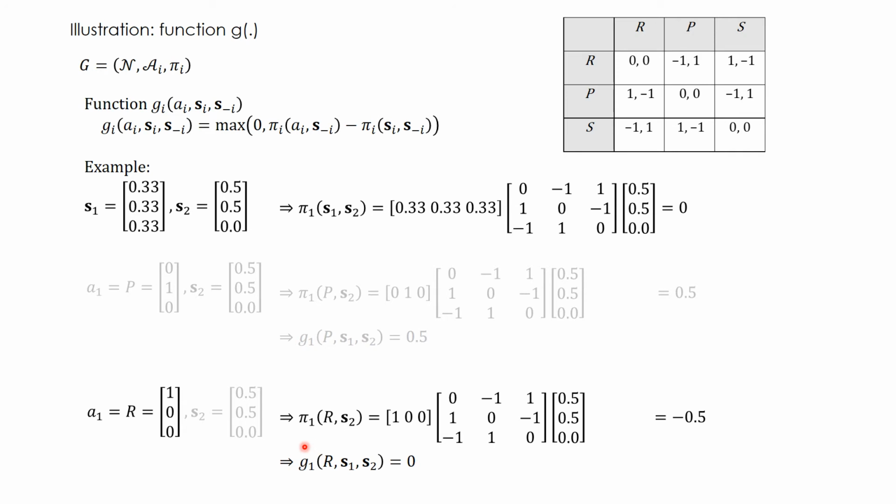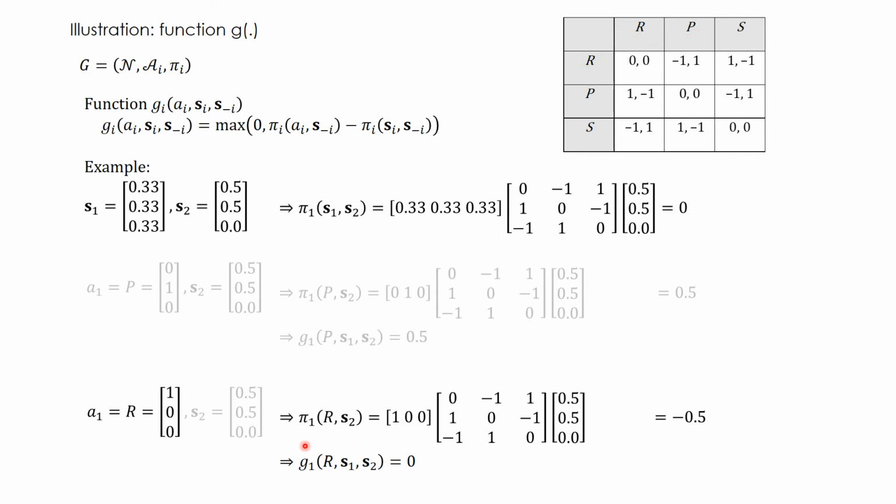Now, what's the payoff of agent 1 if he plays rock only? Common sense tells you that if the opponent is playing rock and paper, and you play rock, then it will lose half the time when the opponent plays paper, and it will be a tie half the time.